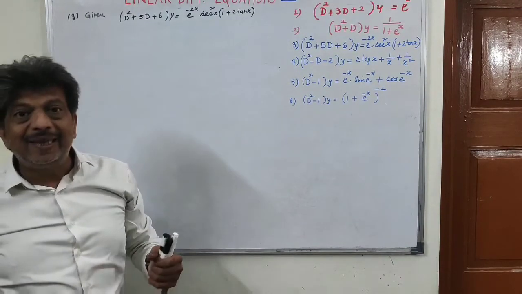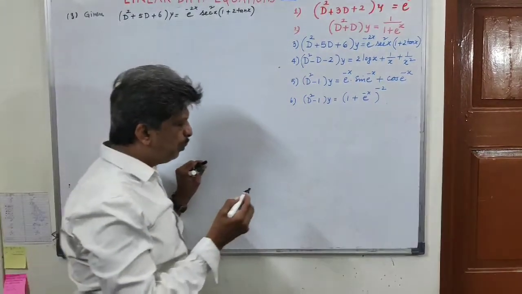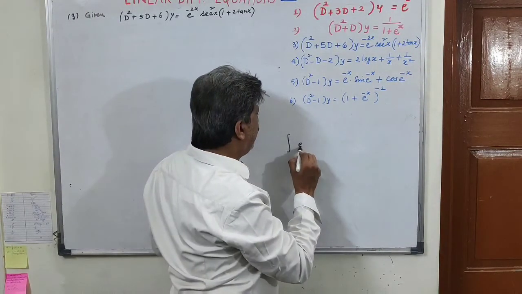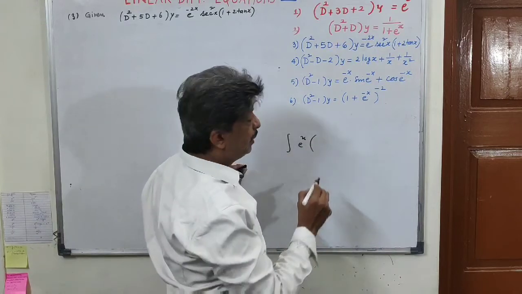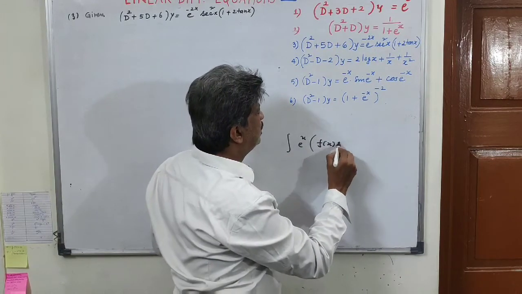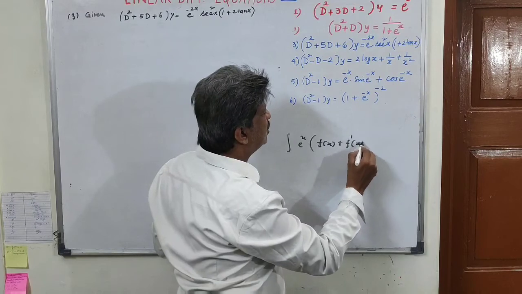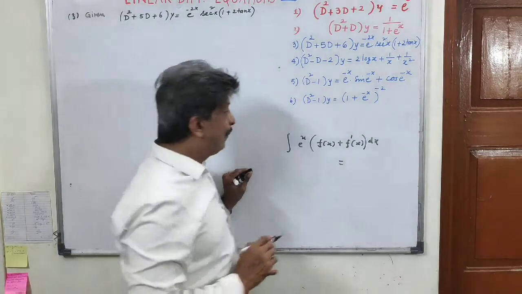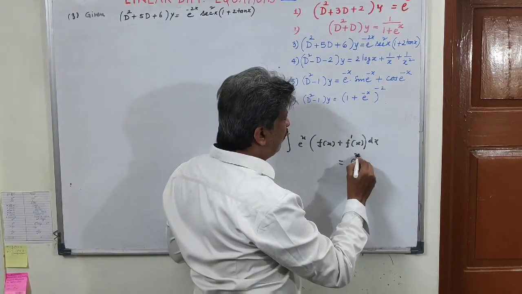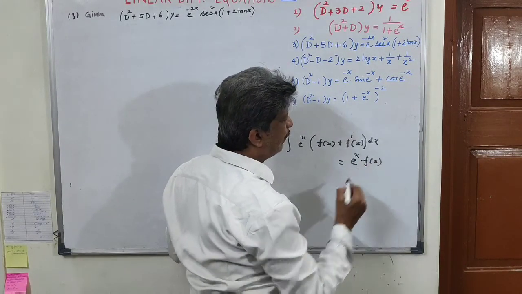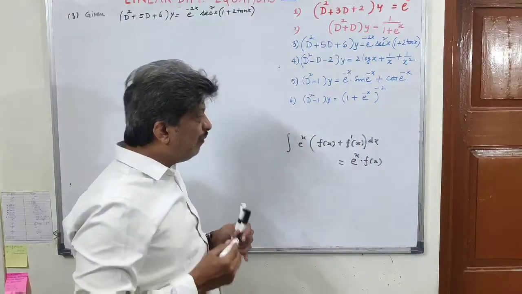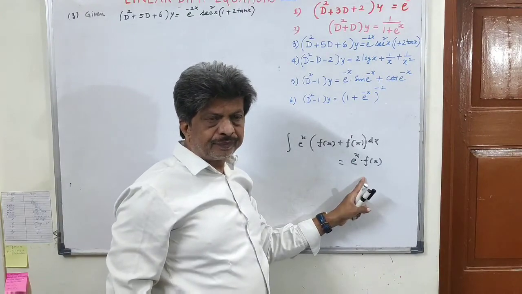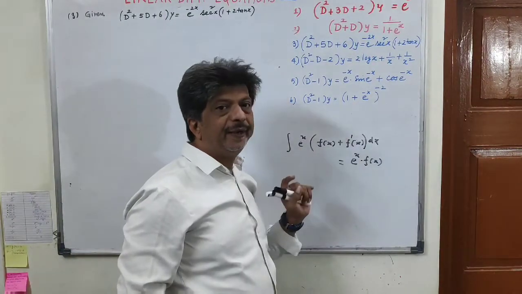While solving this example, I am using this property of integral. Integral of e raised to power x into bracket f of x plus f prime of x dx. The integral of this is e raised to power x f of x. Because if I put e raised to power x f of x equal to t, this becomes dt.